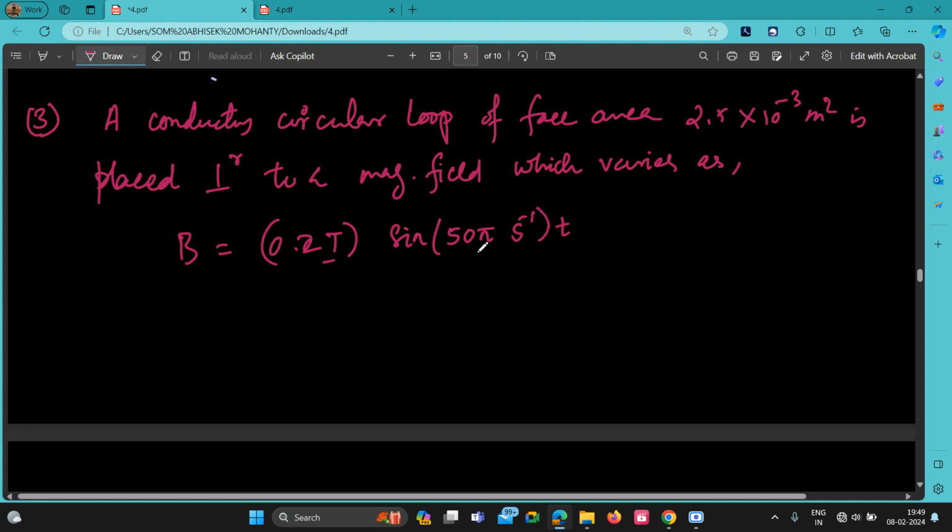Why have I written Tesla and second inverse inside? Because Tesla is for magnetic field, second inverse is for time. It's the way of writing. Don't be confused by this.